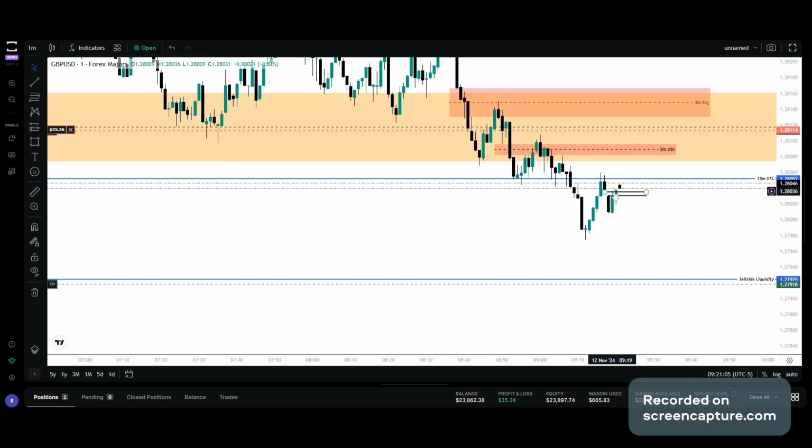Oh, see how price jumped back up? That's most likely indicative of price continuing to go higher.